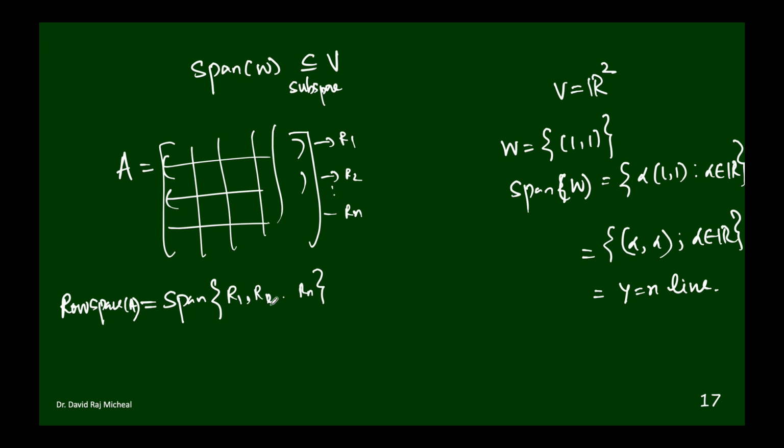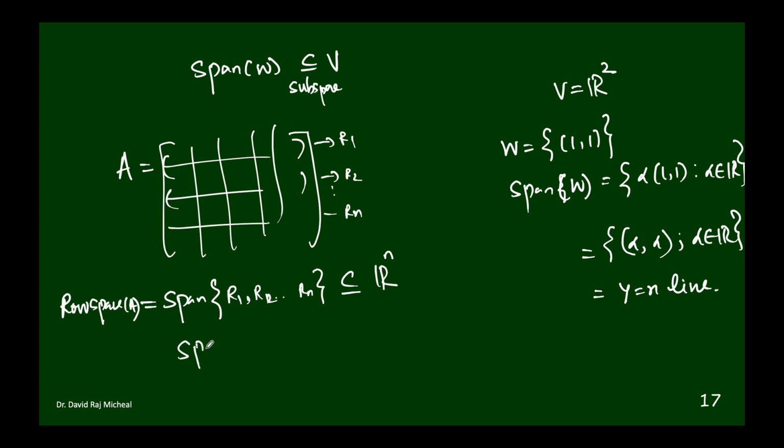This has a special name called the row space of A. We know that the span of any set of vectors is a subspace of where it is contained, and similarly here the row space of A, which has been defined as the span of the rows of A, is contained in Rn, and therefore this is a subspace. So the row space of A is a subspace.